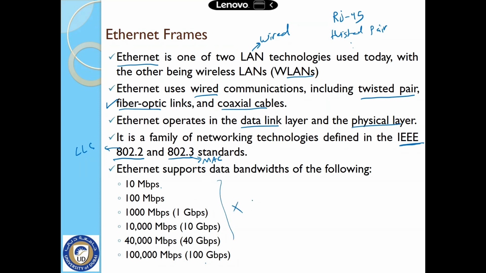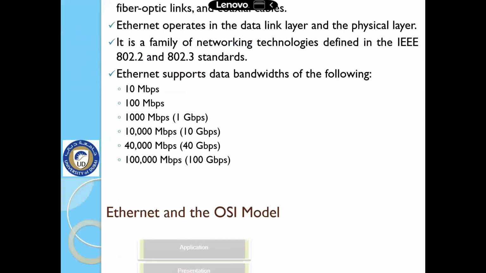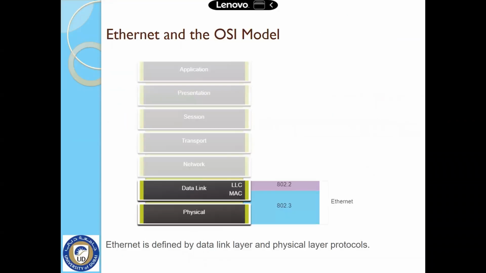So what you need to memorize in this one, Ethernet is wired. Could be a twisted pair, that's the widely used one. It connects both data link and physical layers. The protocols associated are 802.2 and 802.3. So this chart here shows the OSI model.